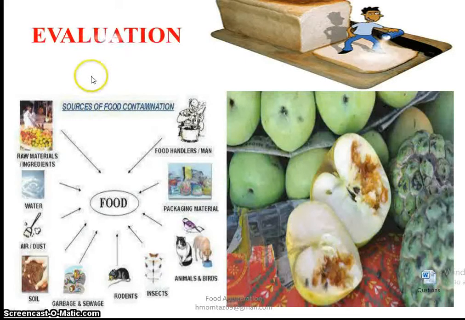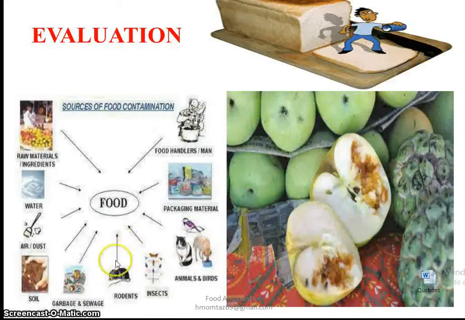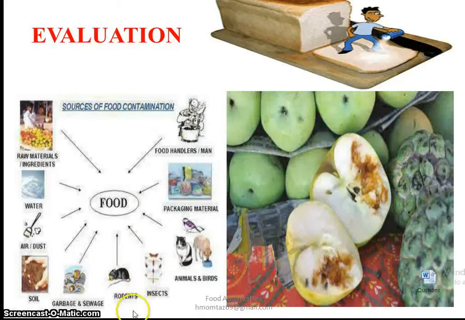Now it is time for evaluation. This picture we have in our text shows how food is contaminated or adulterated. Raw materials, ingredients, food handlers, the man using his dirty hands, packaging materials, animals and birds, insects, rodents eating the food, because unopened foods are used at various times in the street, without covering.